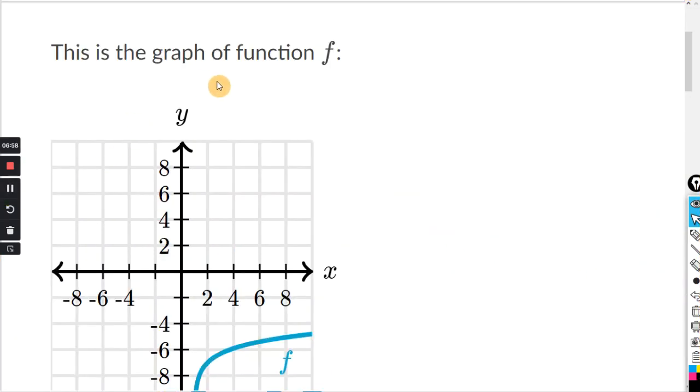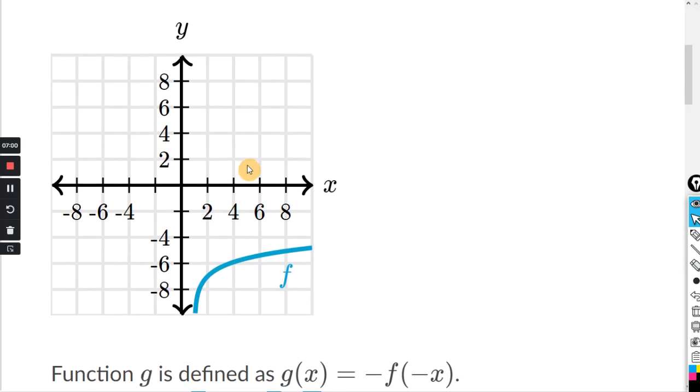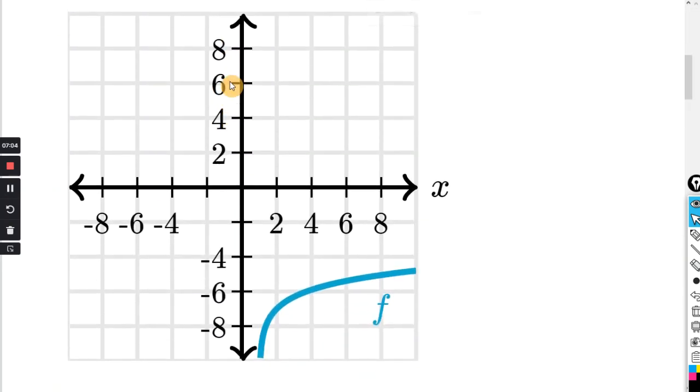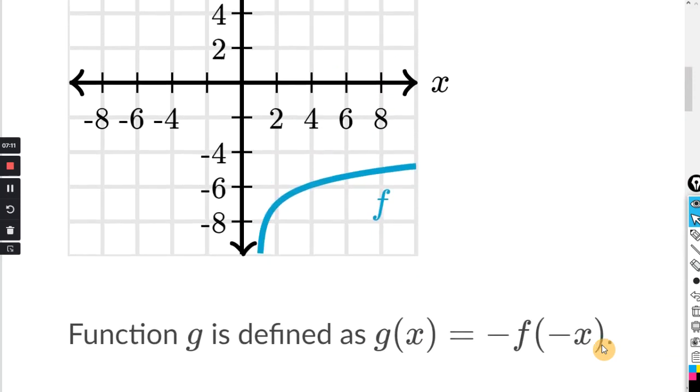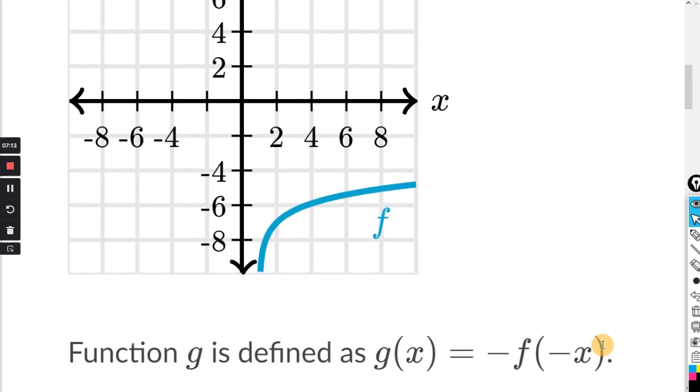All right, last one. This is the graph of function f. There's function f. And function g is g of x equals negative f of negative x, which is the graph. There are actually two reflections in this problem.